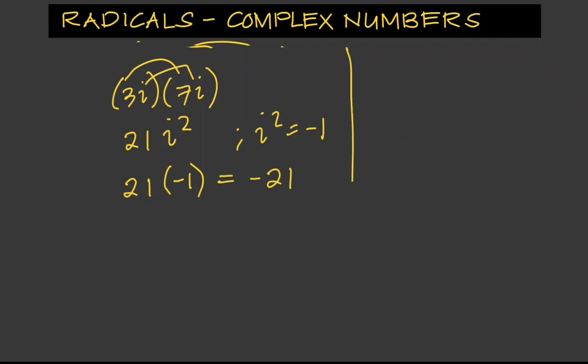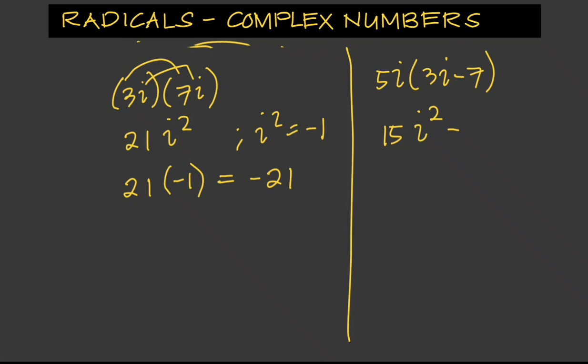So let's try another one. What if we're given 5i times (3i - 7)? We just have to distribute 5i. So 5i times 3i will be 15i squared, minus 5i times 7, that is 35i.